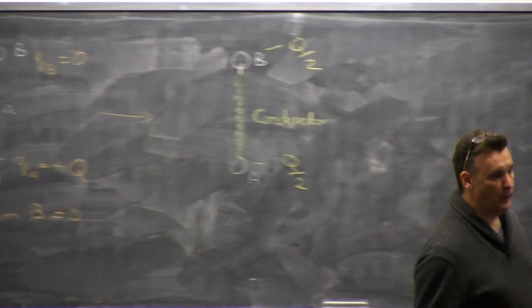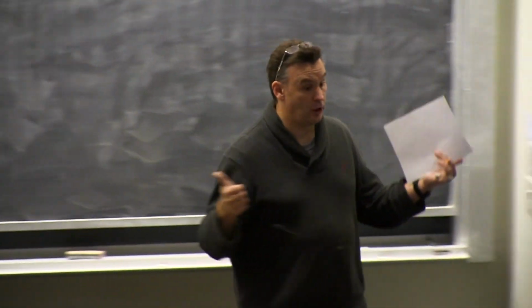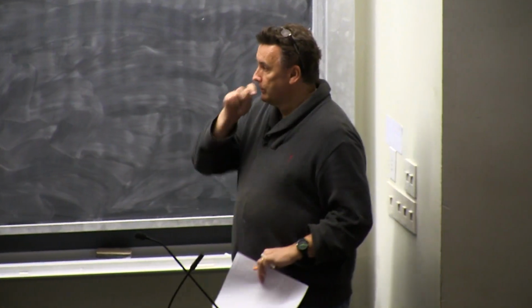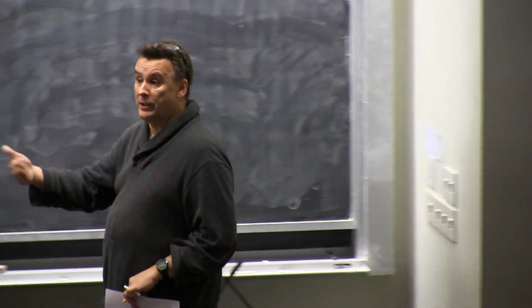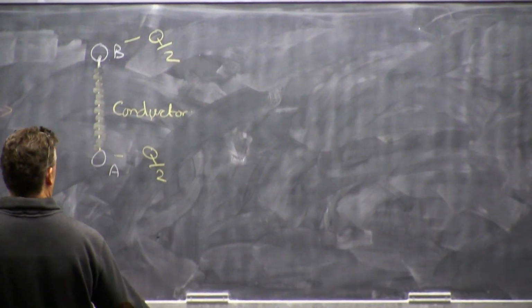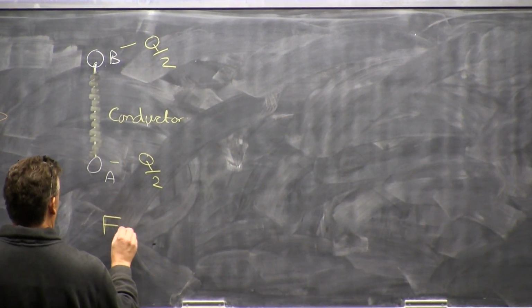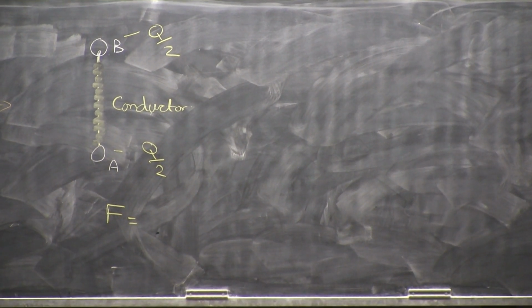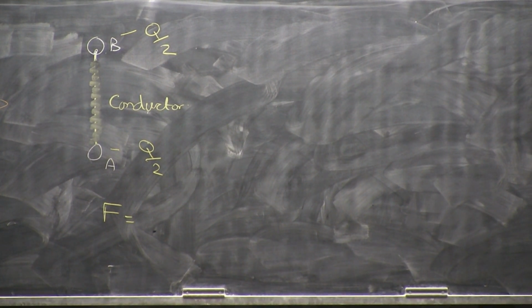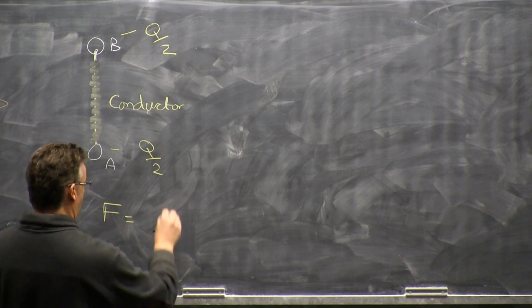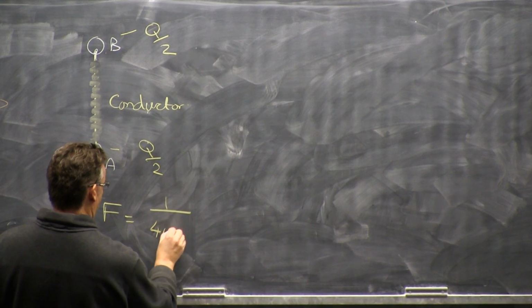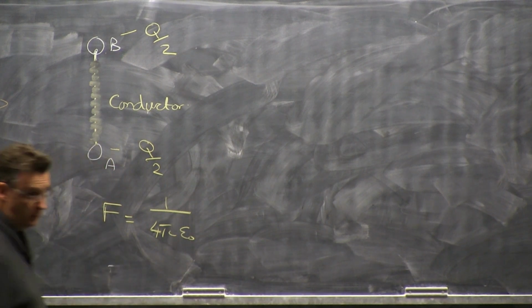So now I remove the wire, I've got two charged particles. So now I can write down an expression for the force on these. So the force, again, I'm going to use Coulomb's law this time. For the magnitude of the force, it's going to be 1 over 4 pi epsilon naught.